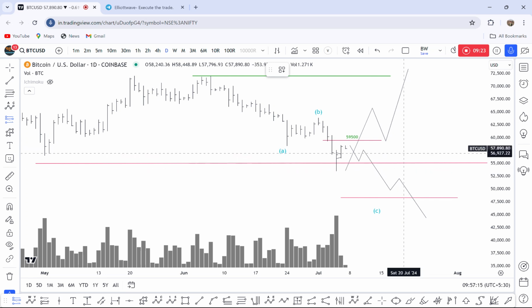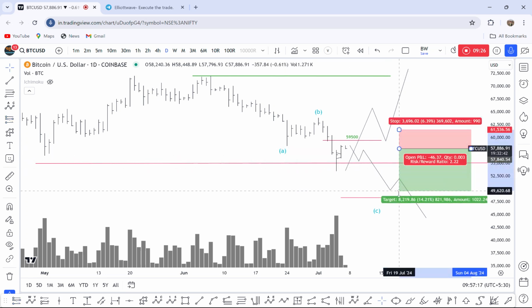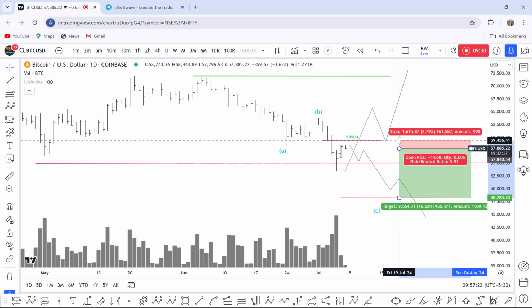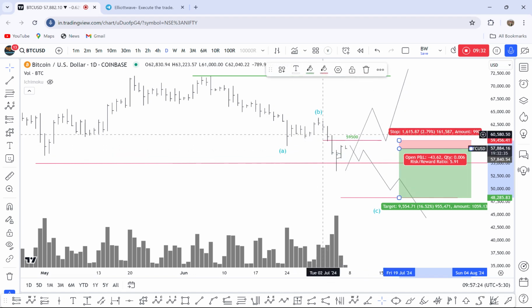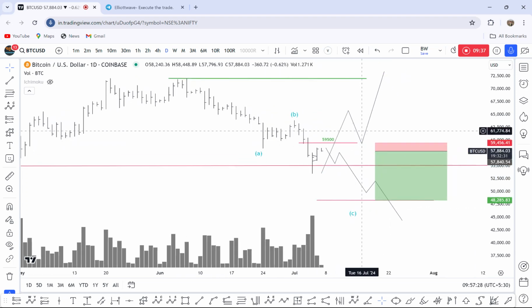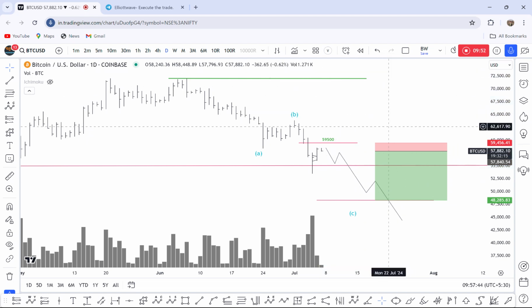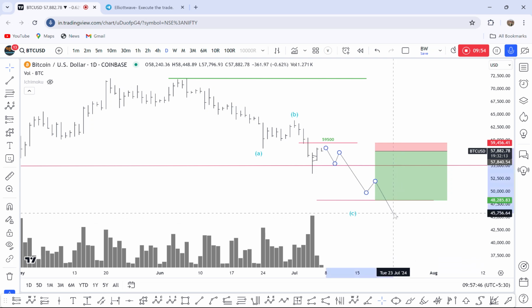Price is around 57,800, and SL is the first top of the first wave, 59,500. If price crosses this level, then close your shorts and get ready to buy any dip. So this is my analysis.